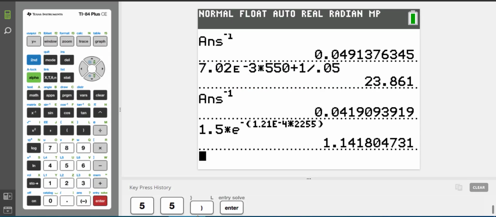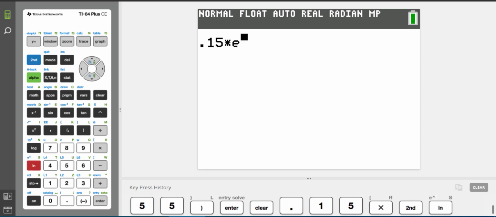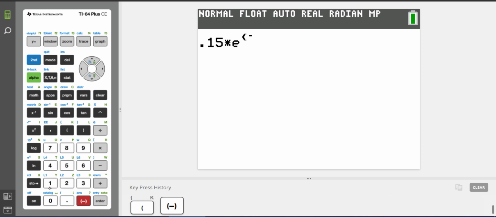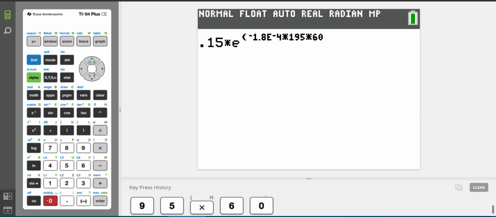Well, let's look here. I have 0.15 molar times E to the negative 1.8 times 10 to the negative 4 times 195 times 60. I believe that's right.